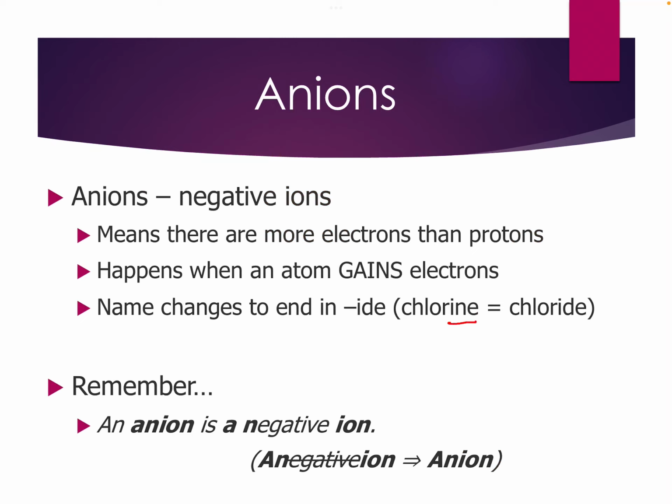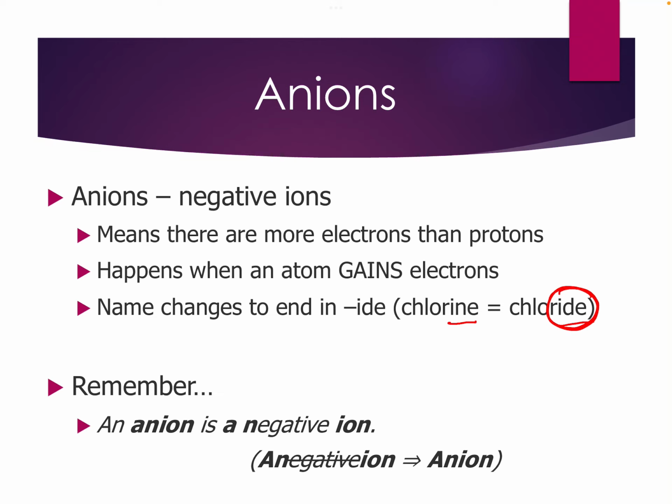So if it's chlorine, it becomes chloride. Okay, so that's how we will know it's an anion and not a cation. The name of our cations stays the same, but the name of our anions change to end in IDE. So chlorine becomes chloride, fluorine becomes fluoride, or iodine becomes iodide, right? So they end with IDE.